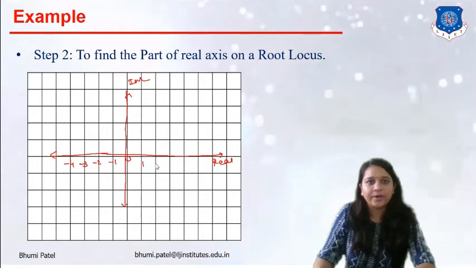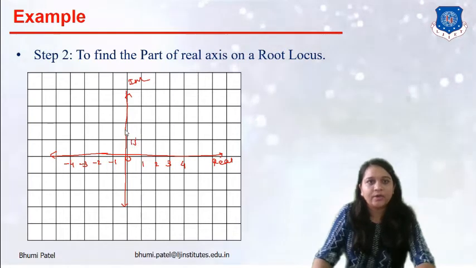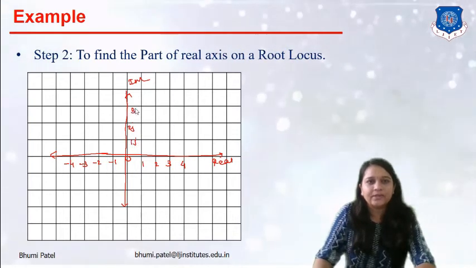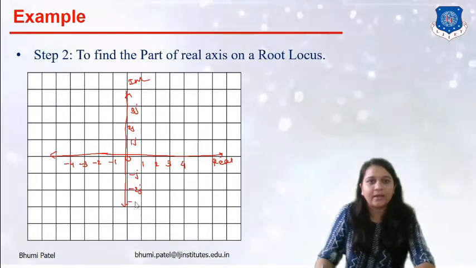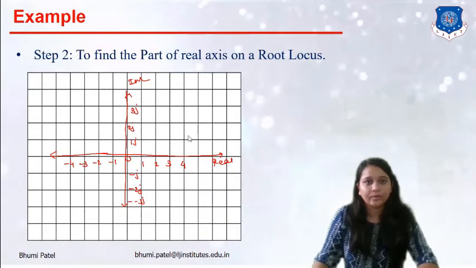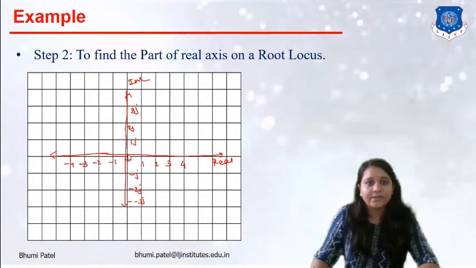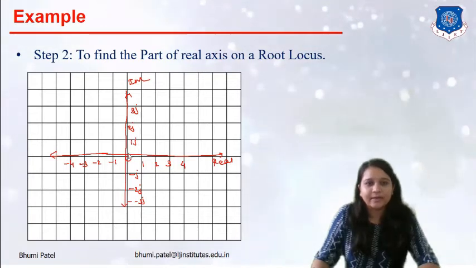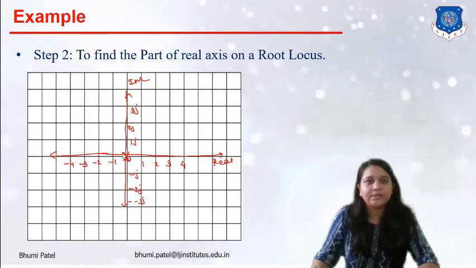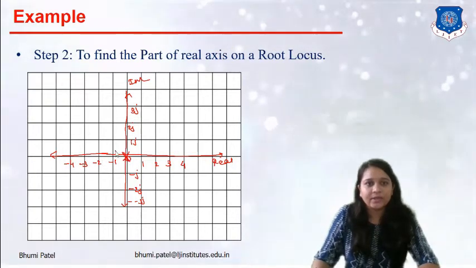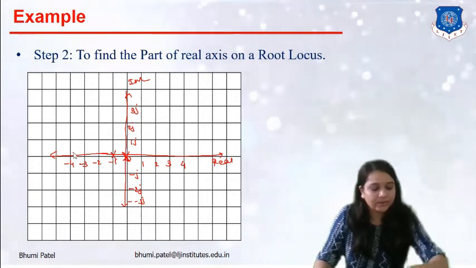Here 1, 2, 3, 4, and here 1j, 2j and 3j, and here minus j, minus 2j and minus 3j. Our first pole is at s equal to 0, so we put a pole here. Then the second pole is s equal to minus 1, here, and the third pole is s equal to minus 4.